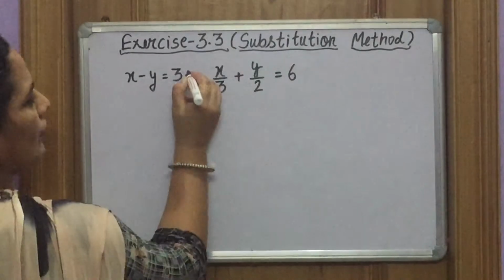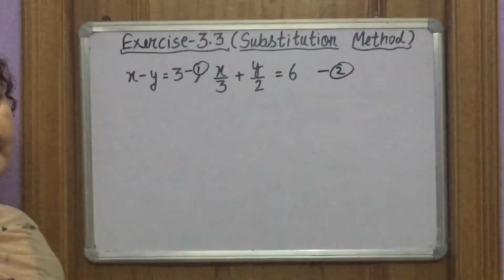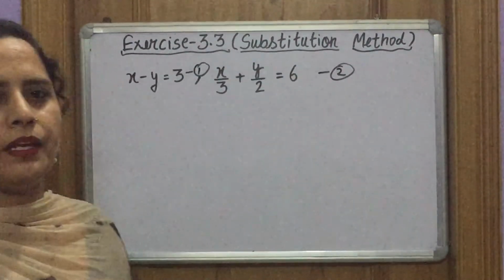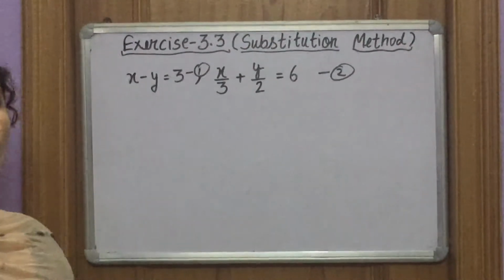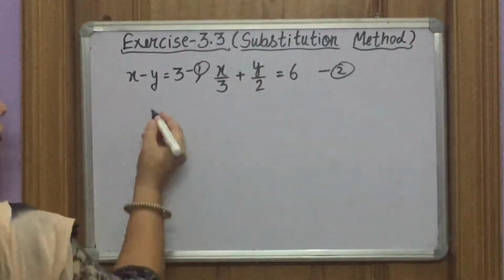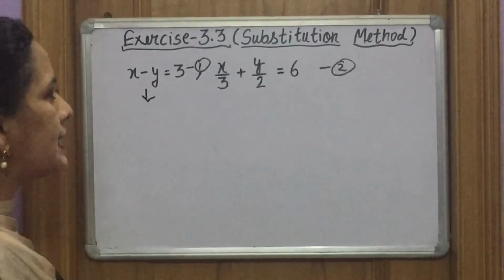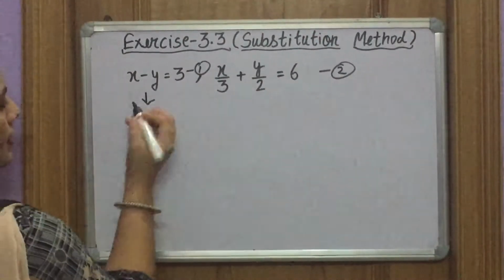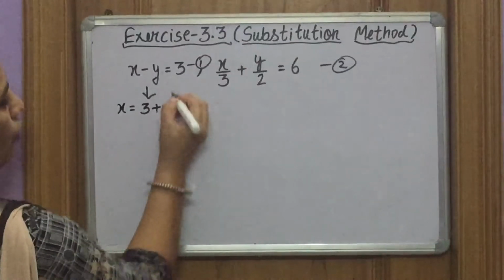First of all, we will suppose these equations as first and second. After that, find out the value of one variable from any one of these two equations and substitute that value in the other equation. That means, first of all, we will find out the value of any variable whose value is easy to find out. So here it is easy to find out the value of x.